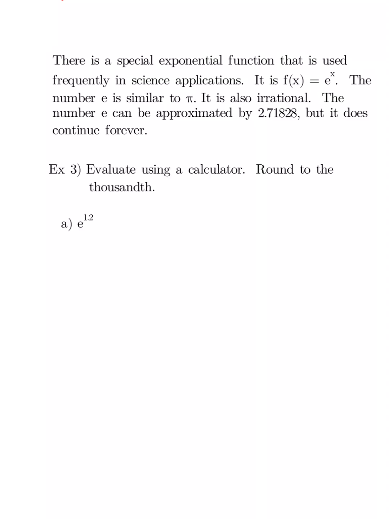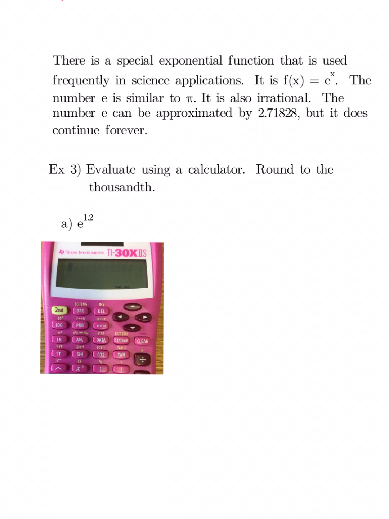We're being asked to evaluate this exponential function of e using our calculators and to round our answer to the thousandth. Remember, the thousandth is 3 decimal places. To use our calculator to solve this problem, we are going to use the e to the x function on our calculator that is found right here above the ln key.